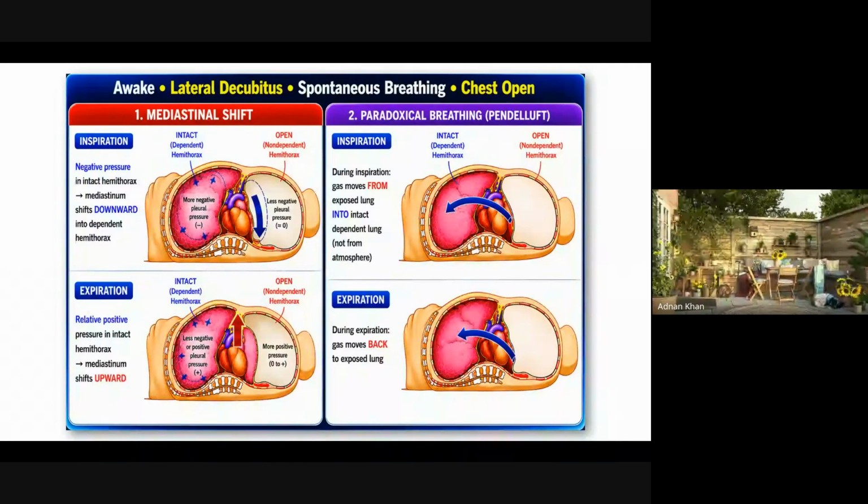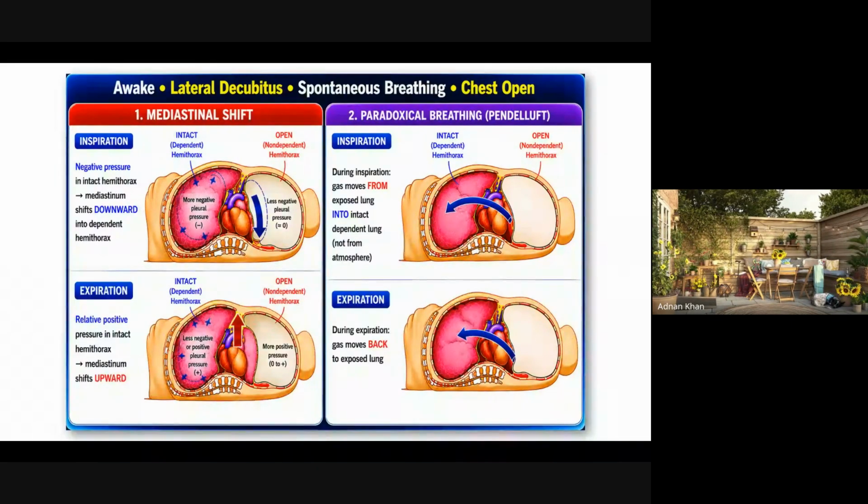Here again, we will talk about the awake patient, spontaneously breathing with an open chest. Here is a little bit different scenario. Keep in mind that inspiration generates more negative pressure in the intact hemithorax than in the open hemithorax. This pressure difference causes the mediastinum to shift toward the dependent lung, producing cardiovascular instability.